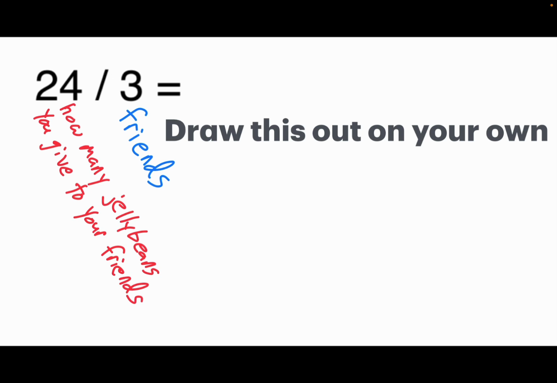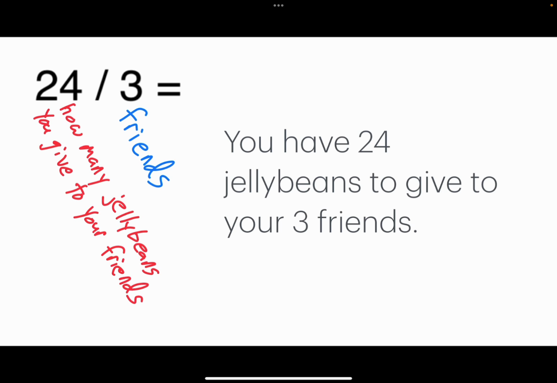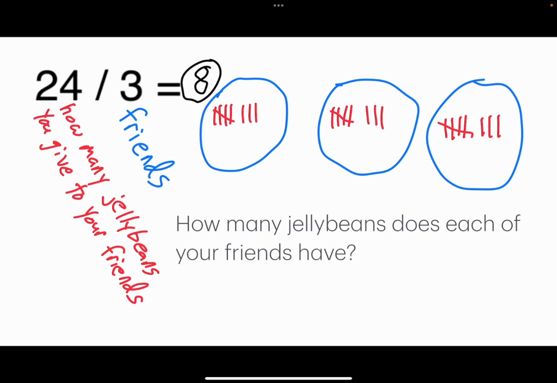All right, welcome back. Here we have 24 jelly beans that we are going to give to our 3 friends. Since we have 3 friends, you should have drawn 3 blue circles. Then we started passing out the 24 jelly beans one at a time until we had passed them all out.